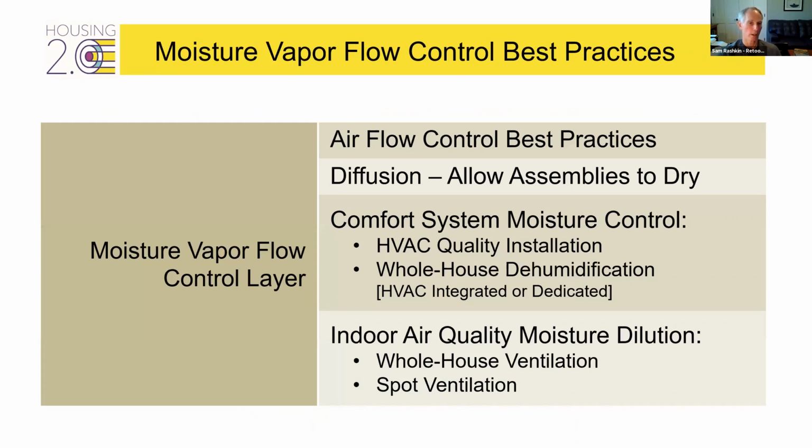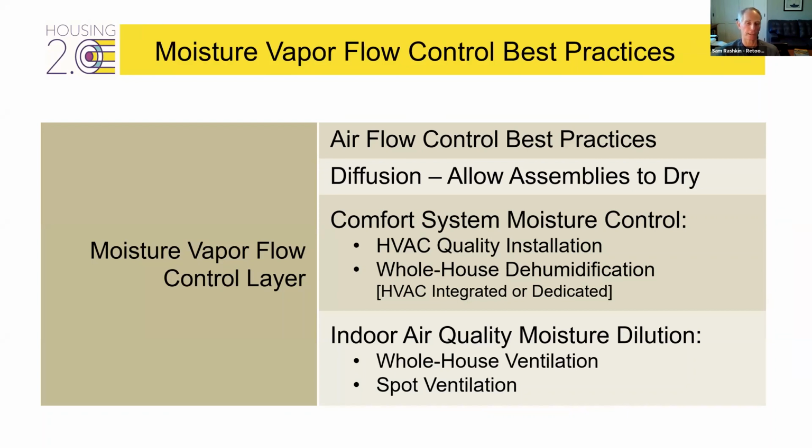Enough about that. Moisture vapor is a combination of lots of factors. Airflow stops the moisture from being carried in with it if you have good airflow control. Diffusion is the moisture that will just go through the material itself. Comfort systems also help with moisture control. If they're installed properly, they have less leakage, let's say in damp basements or damp crawl spaces or damp attics.